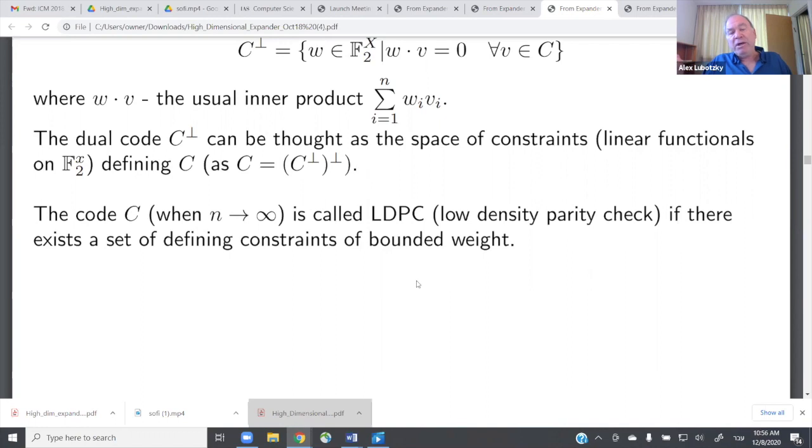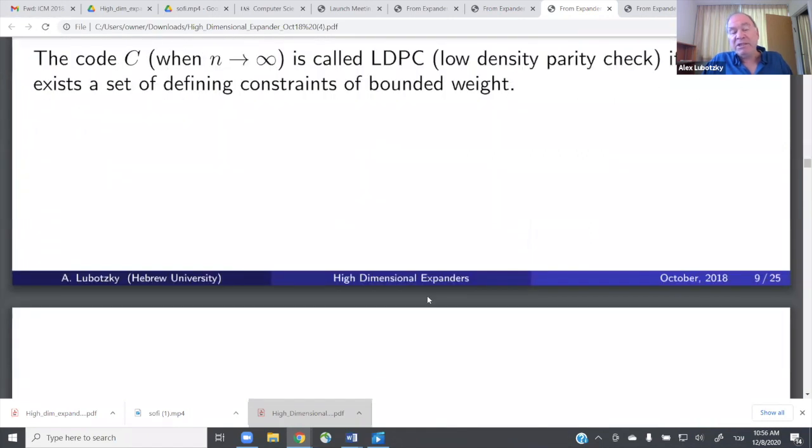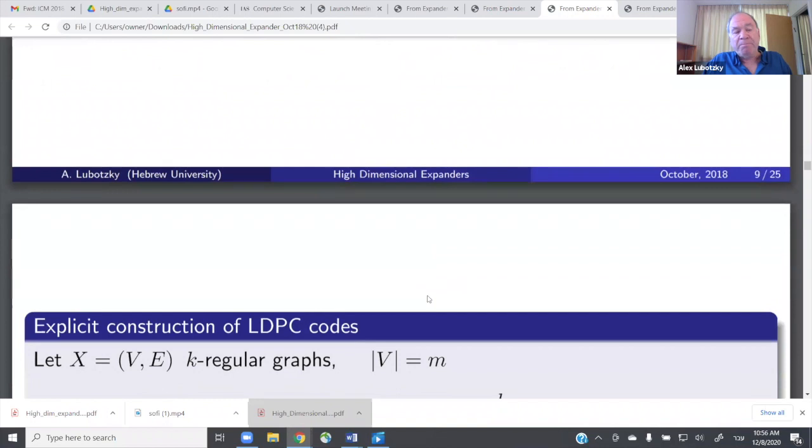Shannon proved that if you pick random constraints, the set of solutions has a good distance. Gallager said if you pick random constraints of bounded Hamming weight, the set of solutions is also fine for coding, so they exist. But it was a long-standing open problem.